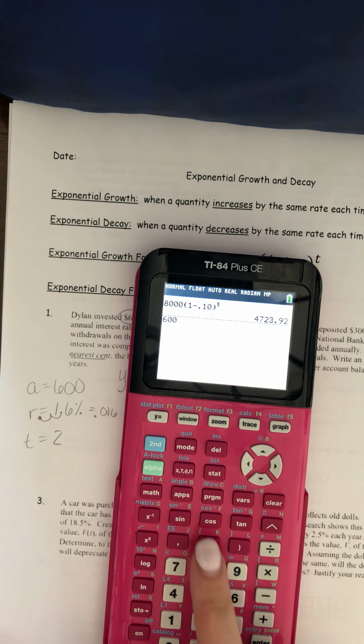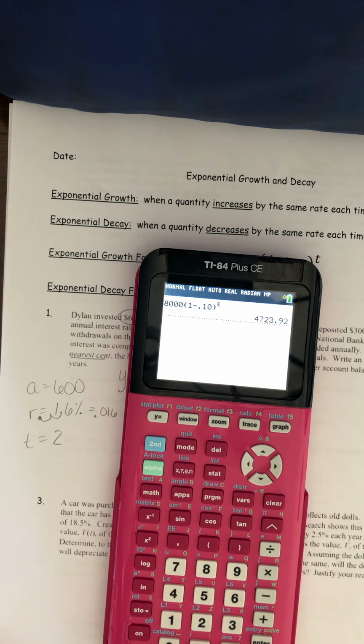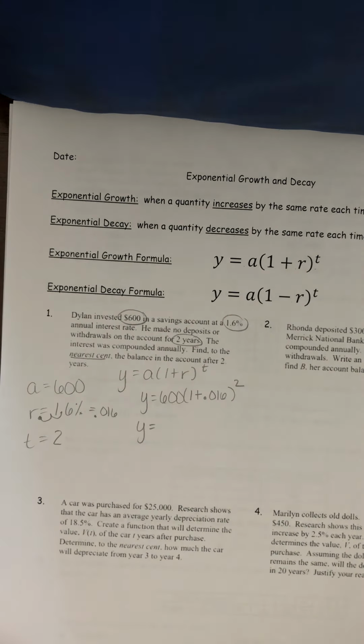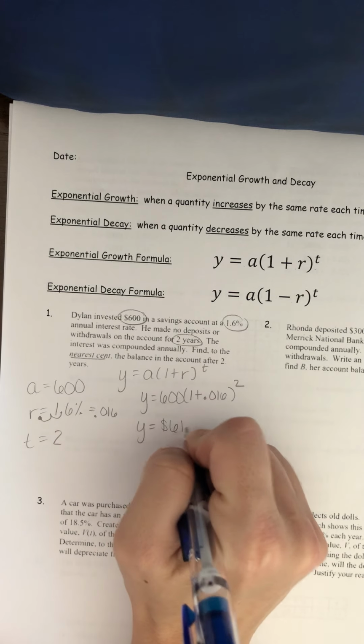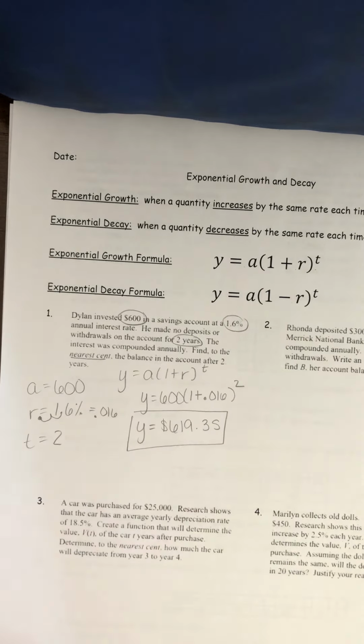So 600, 1 plus 0.016 raised to the 2, and hit enter. So $619.35. So $619.35 is the amount in the bank account after 2 years. So he only made $19.35 in 2 years.